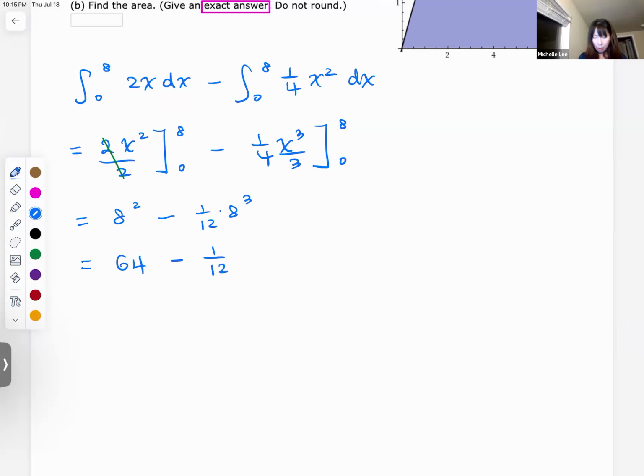And then 1 over 12, I want to simplify: 12 is 4 times 3, and 8 is 4 times 2, so 4 goes with 4, which is 1. We have 2/3 times 64. A little bit messy. Okay, so that will be 64 minus 2 times 64, which is 128 over 3.